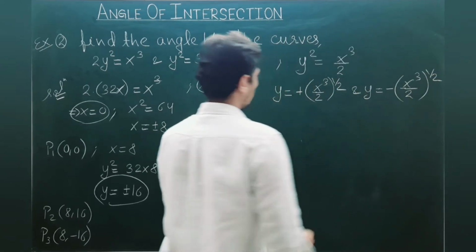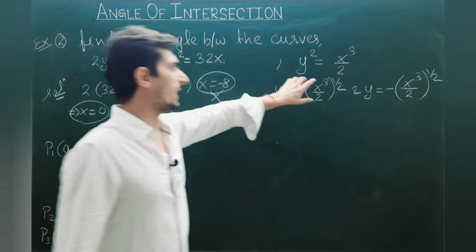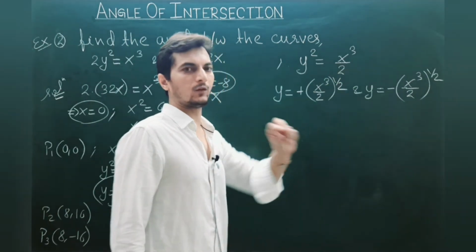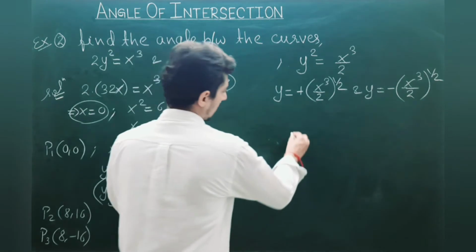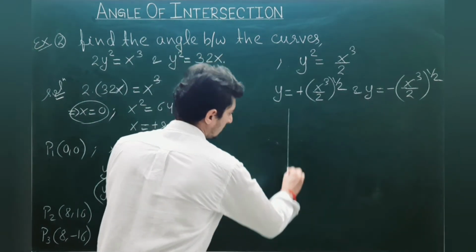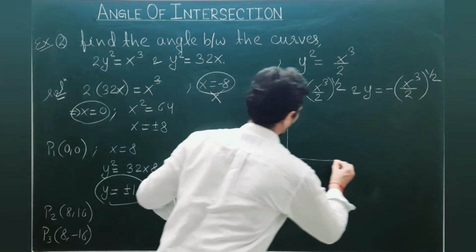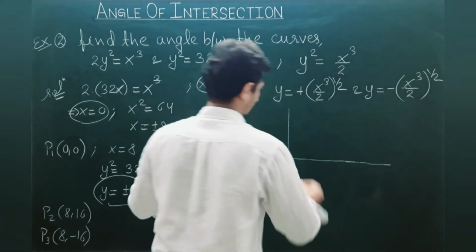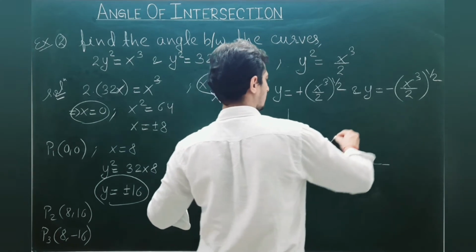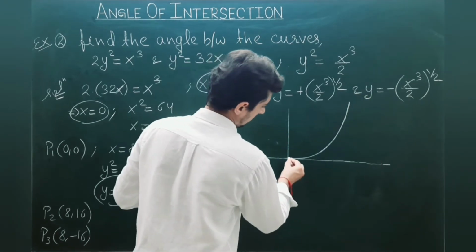So this curve y square equals x cube upon 2 has two branches, and these branches will be like this. The first one will go like this, and the other one like this.